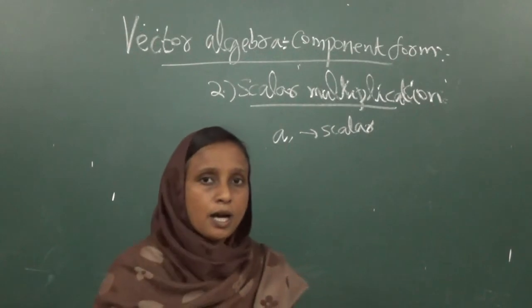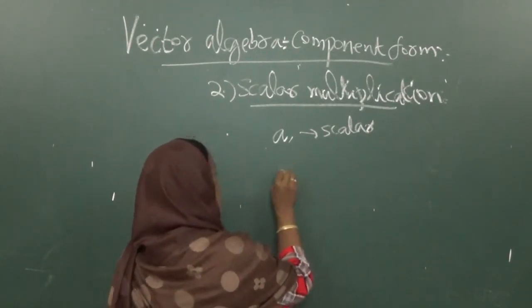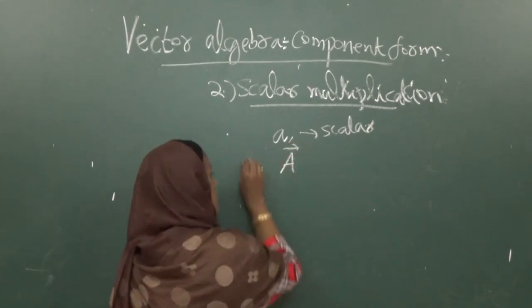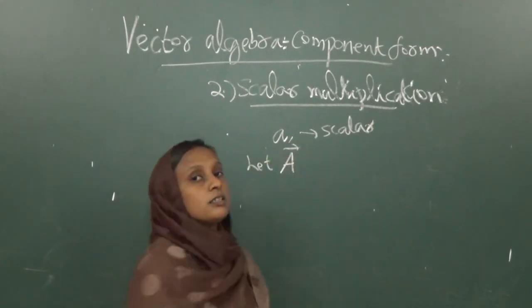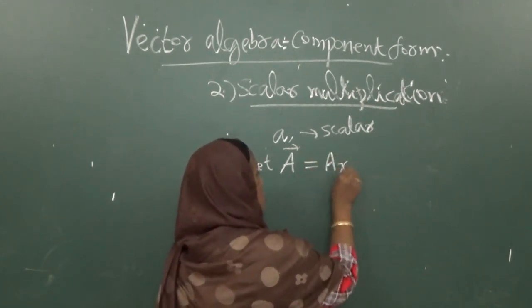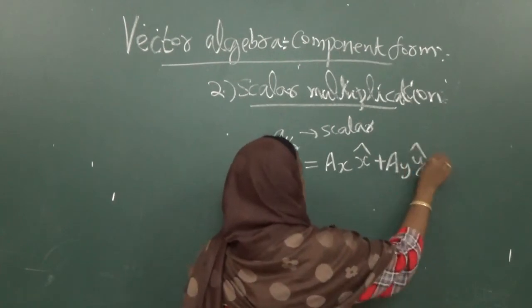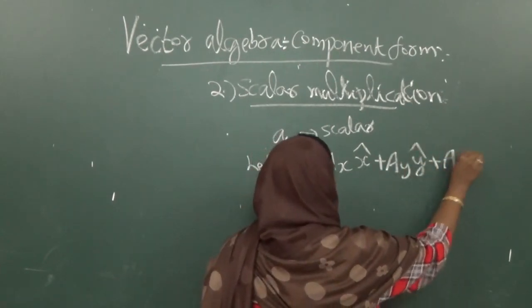We have to find its multiplication with vector A. Let vector A equal to, as we already found, Ax x cap plus Ay y cap plus Az z cap.